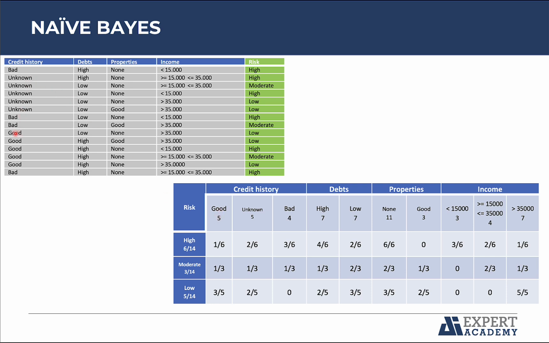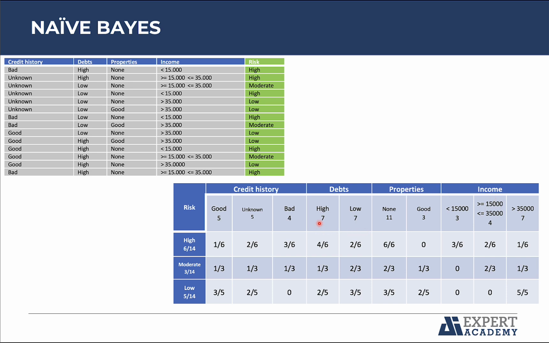For example, we can count here 1, 2, 3, 4, 5. Unknown, 1, 2, 3, 4, 5. Bad, 1, 2, 3, 4. So we need to specify the corresponding values here. The same for the other features, like debts, properties, and income.